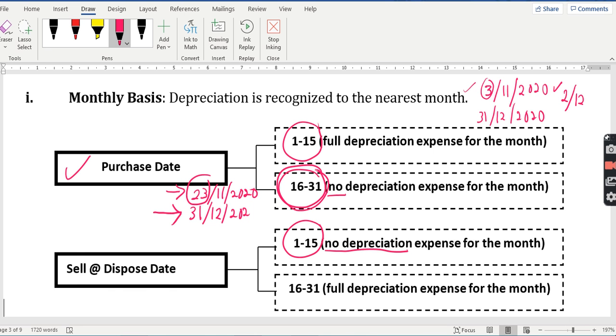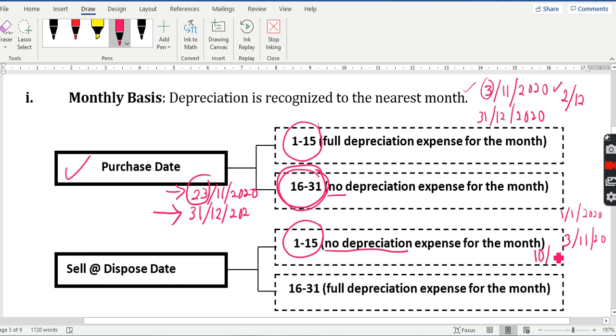So let's say I am selling the asset on the 3rd of November. We know that the asset is already with us from 1st of January. So I am selling the asset on the 3rd of November 2020. If I calculate the depreciation for the year of 2020, the depreciation is only valid for 10 months.